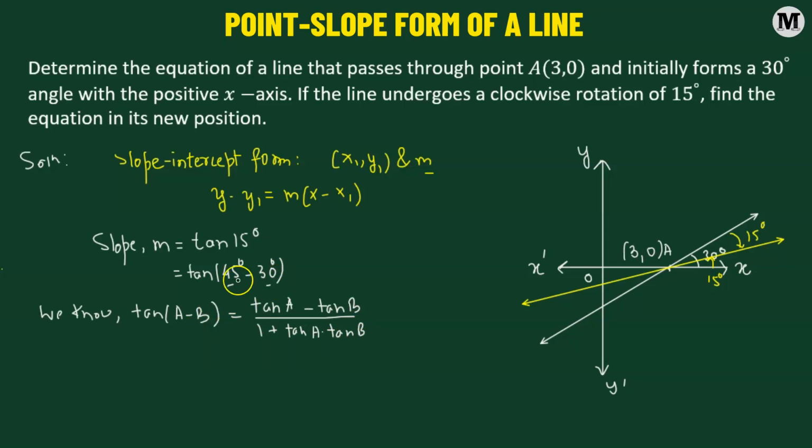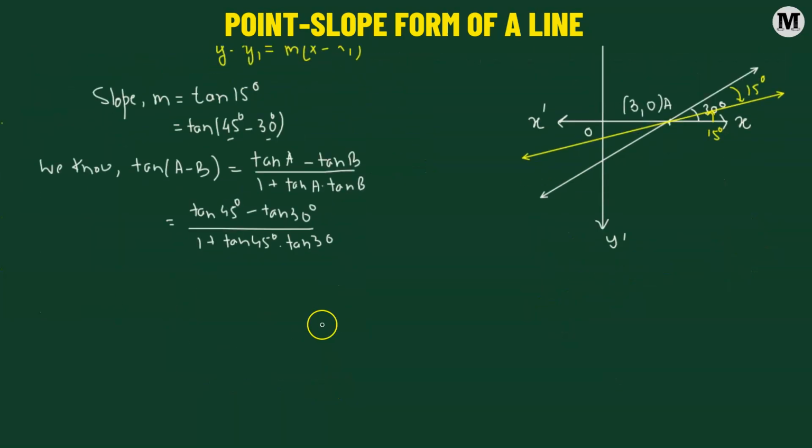So the expression becomes (tan 45 degrees minus tan 30 degrees) divided by (1 plus tan 45 degrees times tan 30 degrees). We know tan 45 degrees is 1, and tan 30 degrees is 1 over square root of 3.